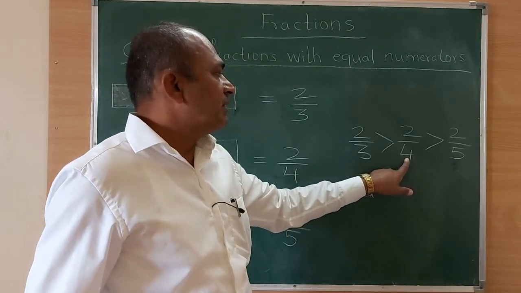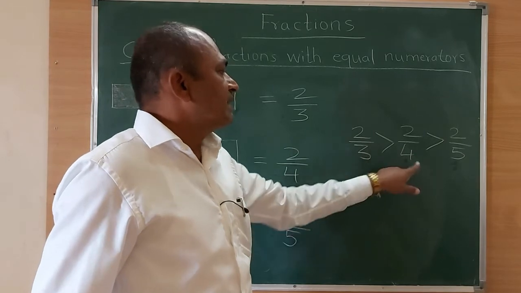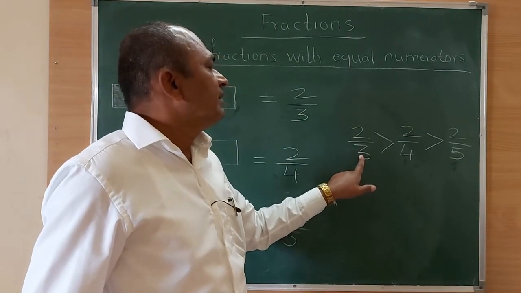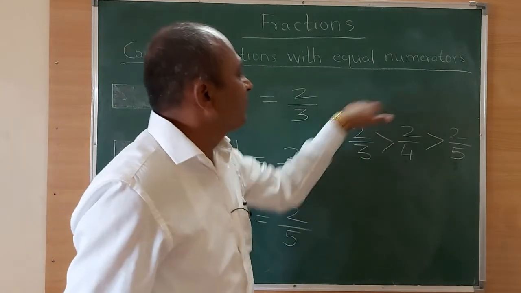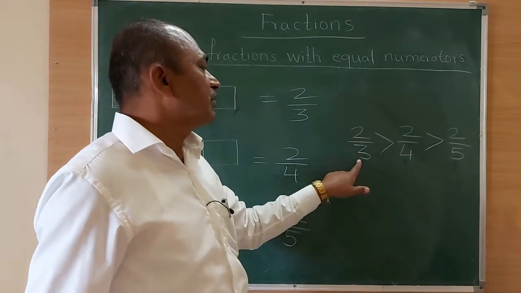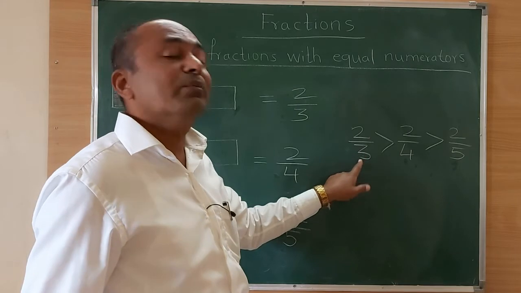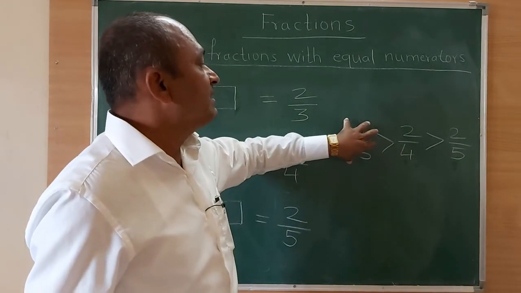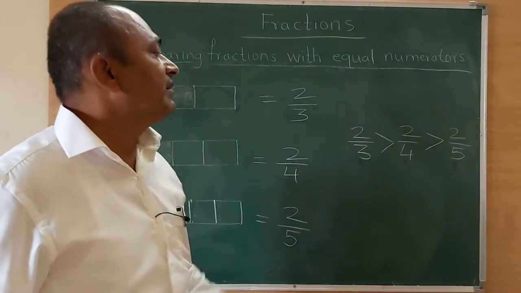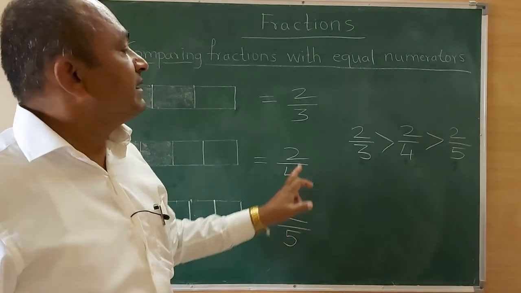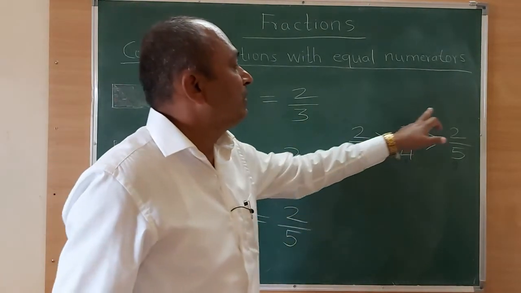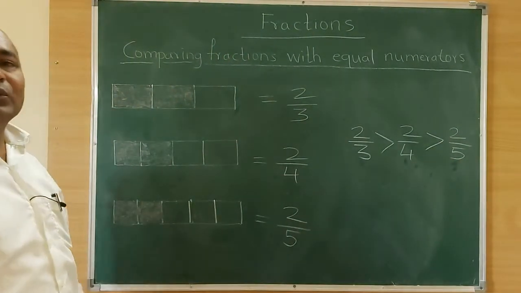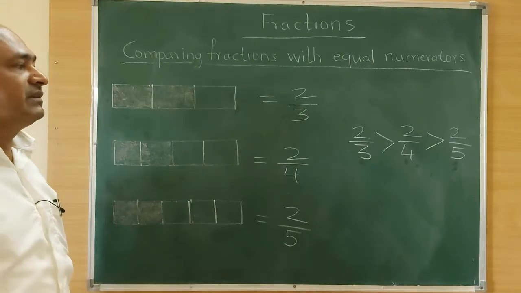Then this fraction is smaller than this fraction, and this is the greatest fraction of all the 3 fractions, because its denominator is smaller. That's why this fraction is having greater value. This is the case only and only when the numerators are equal. So I hope you have followed this concept.